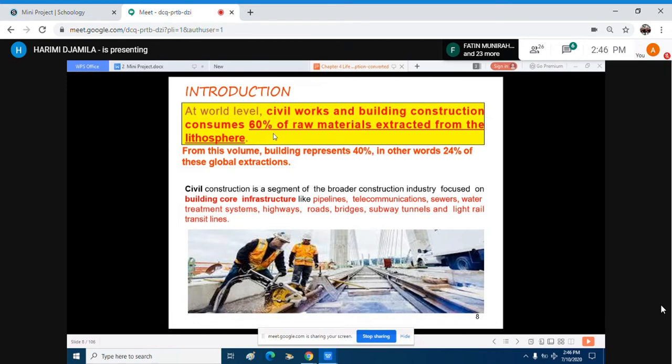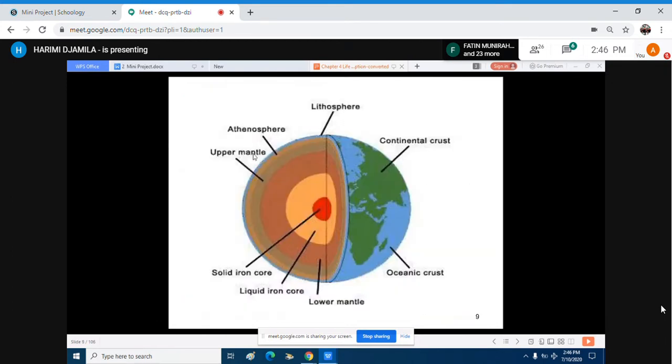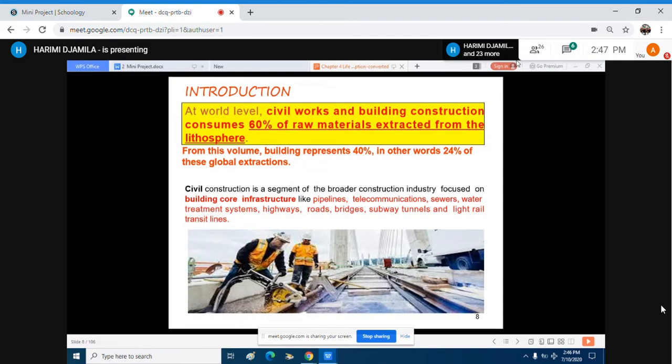Yes, 60% of raw materials extracted from the lithosphere. Can you imagine that? This is only for civil work and building construction. From this volume, buildings represent 40%. What does it mean? You take 60% of the raw material from the lithosphere, and from the 60, you take 40% of it.